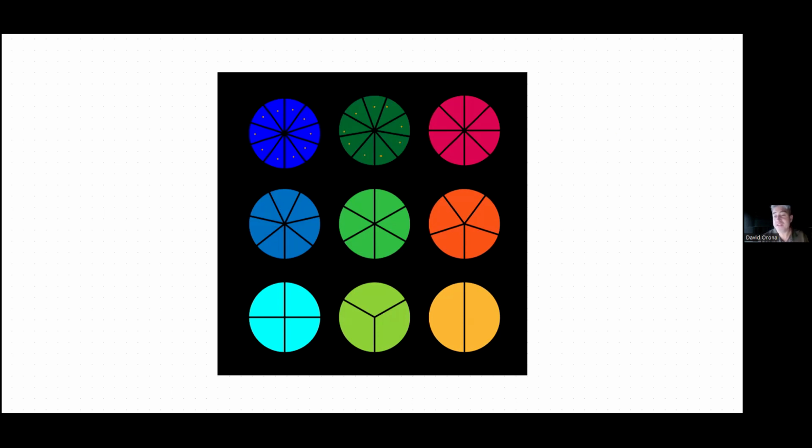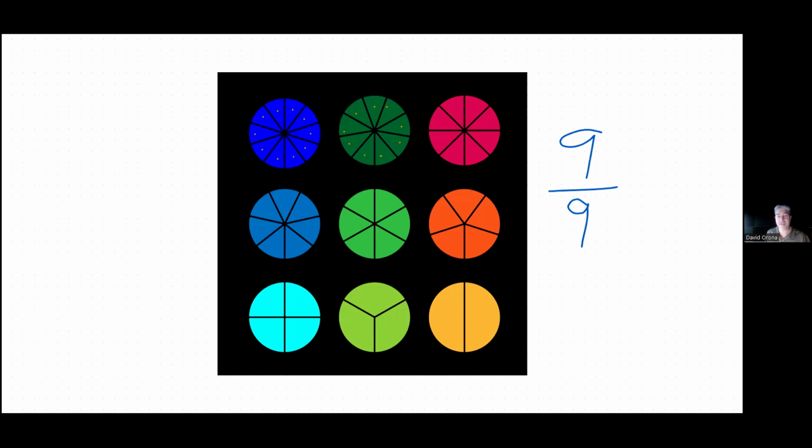I got 9 slices of pie in a 9-slice pie, 9 over 9. All right. Remember, fractions just represent equal parts of a whole, okay?